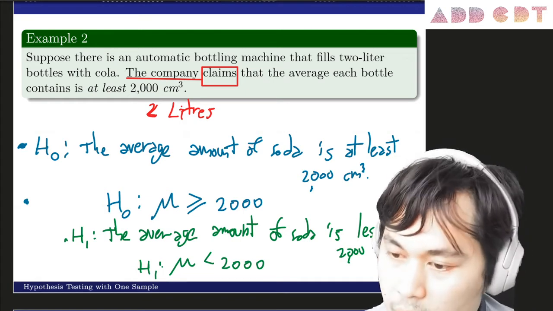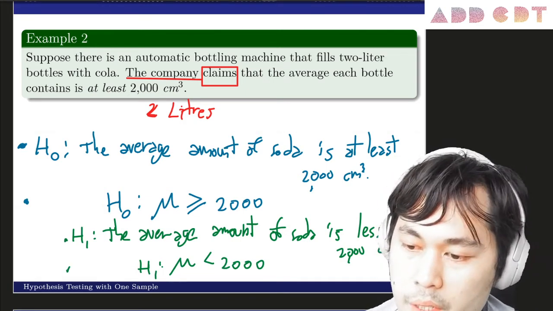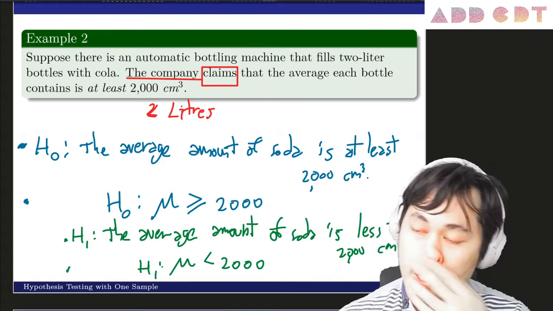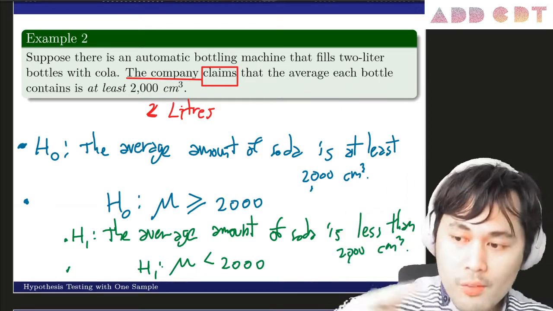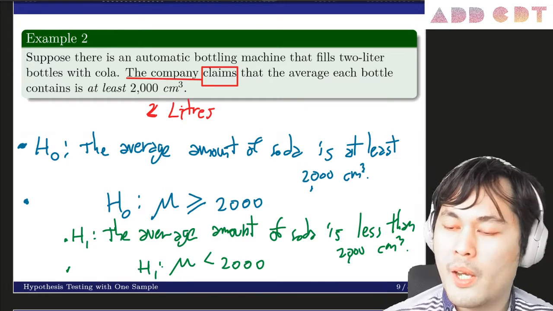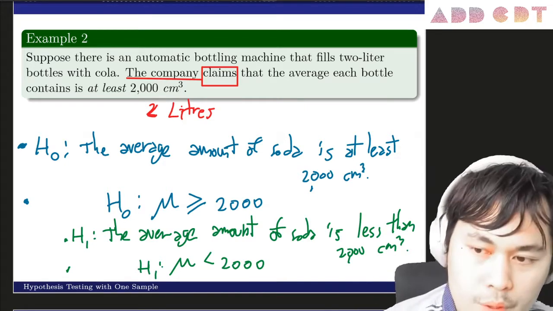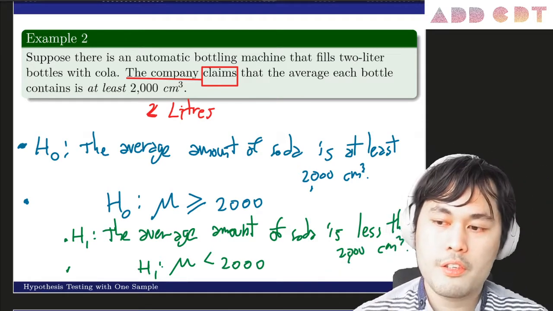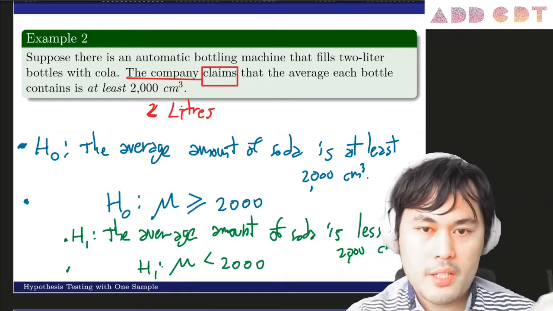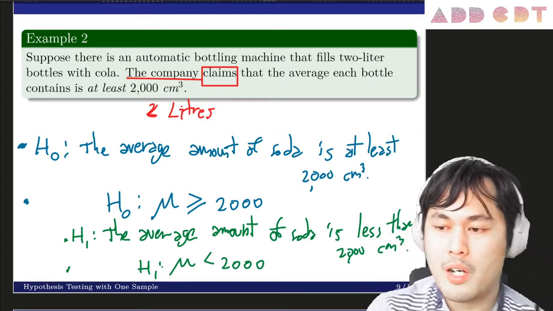So the way we put these two statements this way is that we know for sure that exactly one of these statements will be true. If our original hypothesis, our null hypothesis, is true, then the alternative hypothesis will be false.